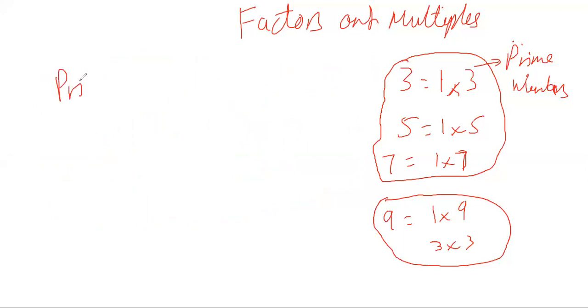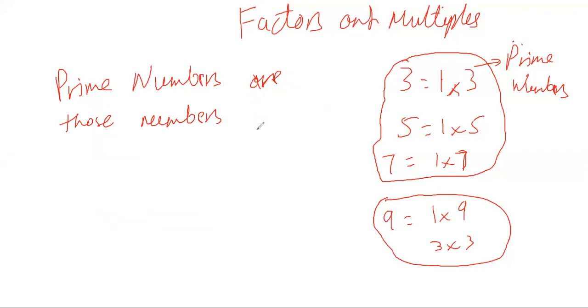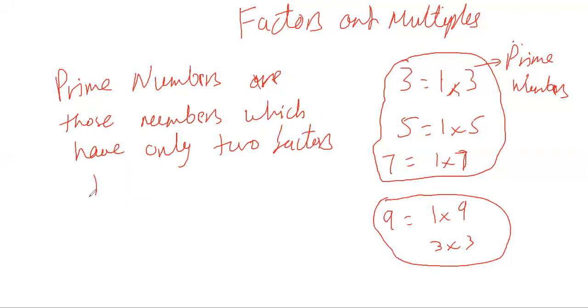So prime numbers, write it down in copies, everybody. Prime numbers are those numbers which have only two factors, 1 and itself.